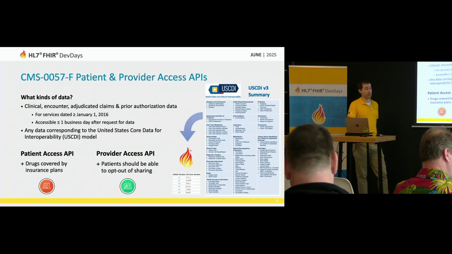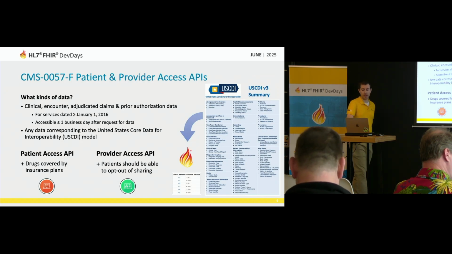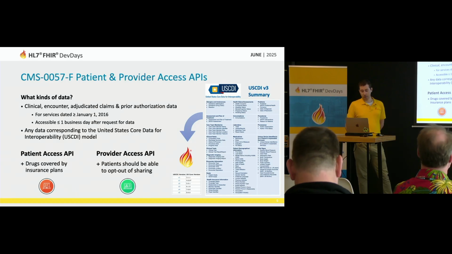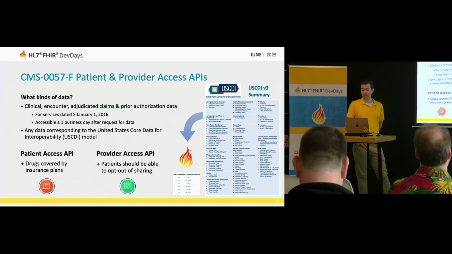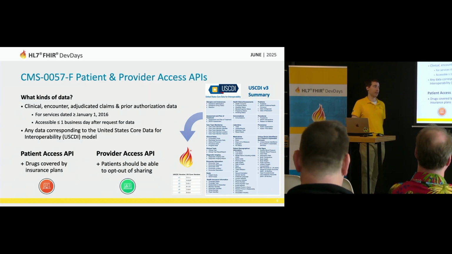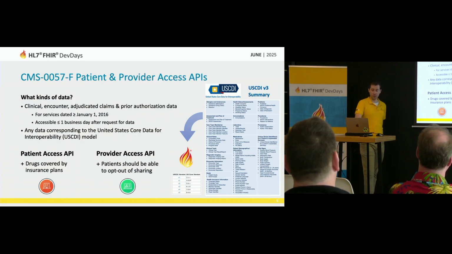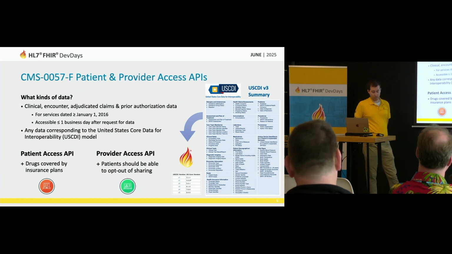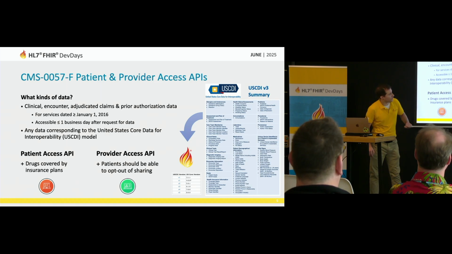So looking at the patient and provider access APIs, the scope of these includes data that corresponds to the abstract US CDI model, or United States Core Data for Interoperability model, developed by the Department of Health. And you can maybe see what it includes on this slide.